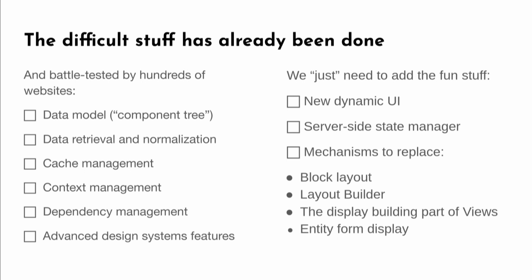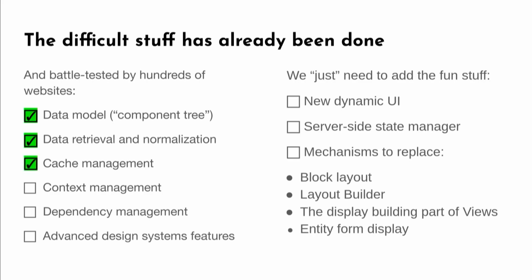We already have a powerful and expressive data model, the component tree, to use the same word as Wim. We have a very wide and battle-tested data retrieval and normalization mechanism. We can take Drupal data from everywhere. We have performant cache management.